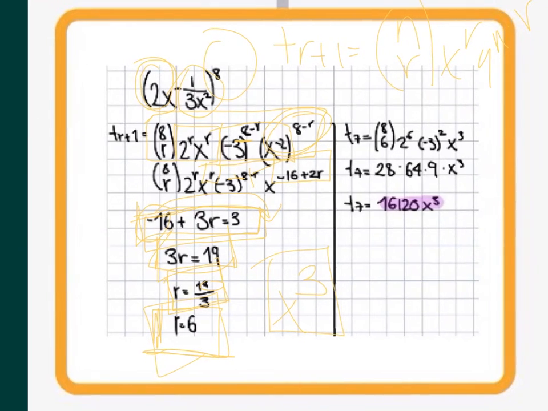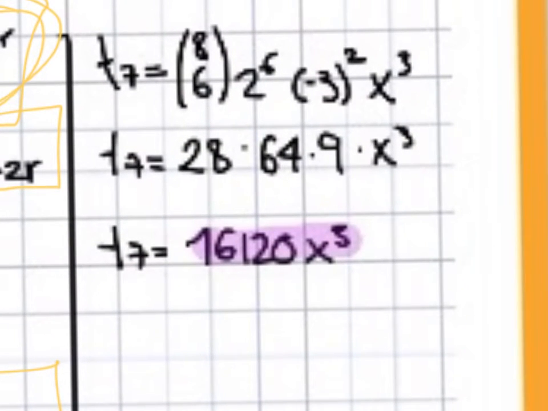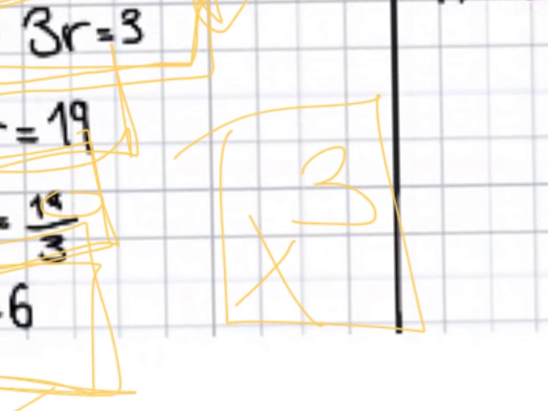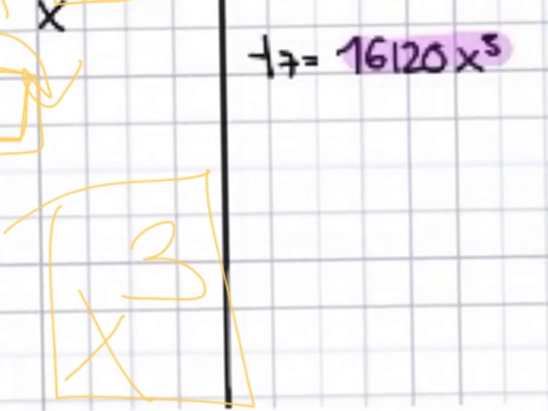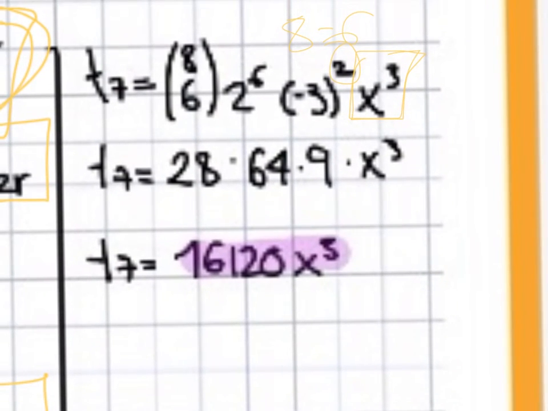So now we move to the other side, and just replace the r value. So T7 will be 8C6 times 2 to the power of 6, minus 3 to the power of 8 minus 6, that will be 2. And you have to take care here. It will be x cubed because you did this process. So now you can replace x with x cubed because you know that value.